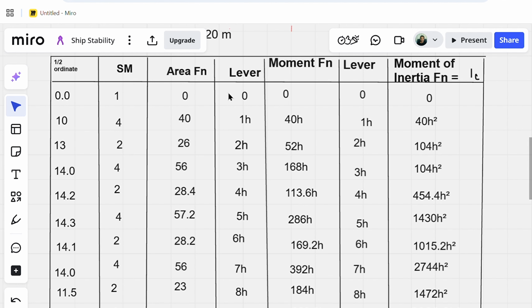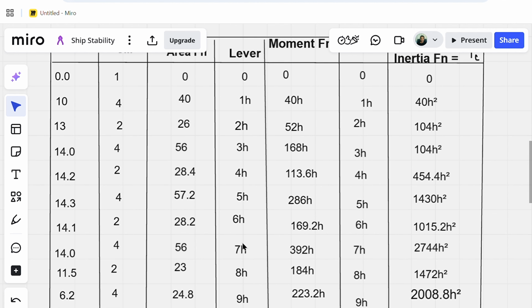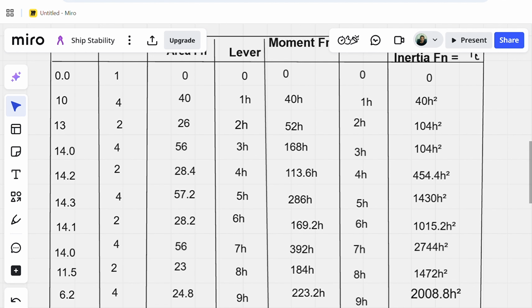So of course the lever for that ordinate will be 0. Then the second ordinate is h meters away, so 1h will be the lever. Then the third ordinate 2h, then 3h, 4h, 5h, 6h, 7h, 8h, 9h, and 10h. The last ordinate, which is the forwardmost ordinate, has its lever from the aft end as 10h.